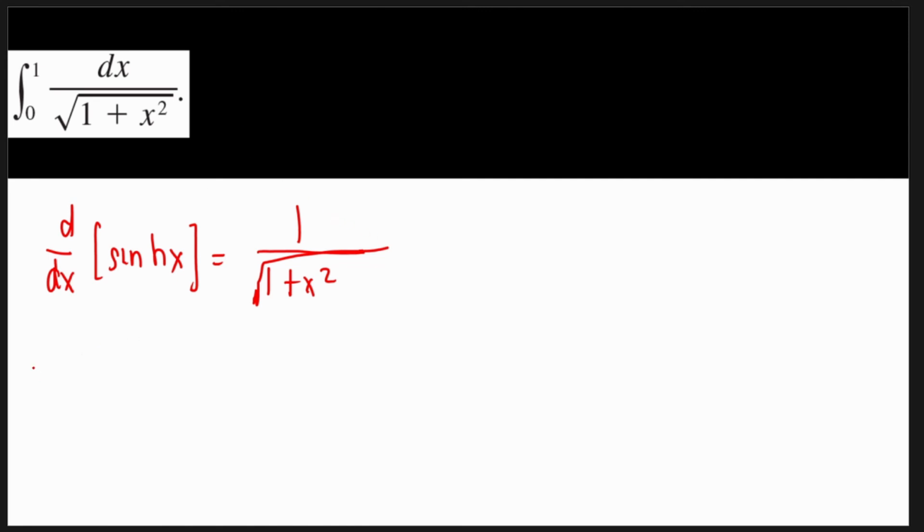So this is just equal to the arc hyperbolic sine of x from 0 to 1, and so this is equivalent to the arc hyperbolic sine of 1 minus the arc hyperbolic sine of 0.